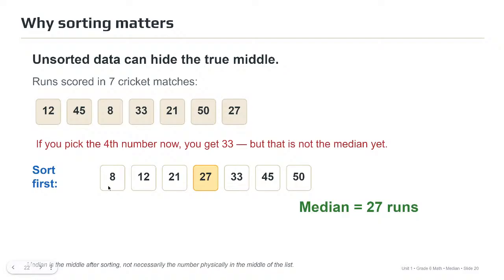After you sort it, it's 8, 12, 21, 27, 33, 45, and 50. As you can see, 27 is the median, the middle value, with numbers below 27 and others above 27. So the median is 27.